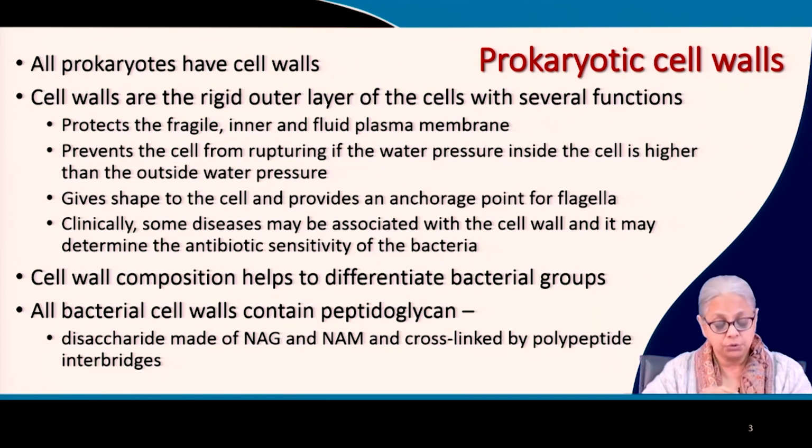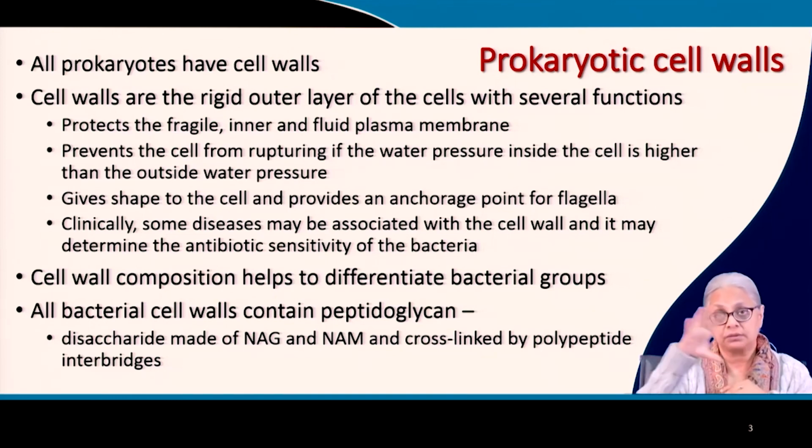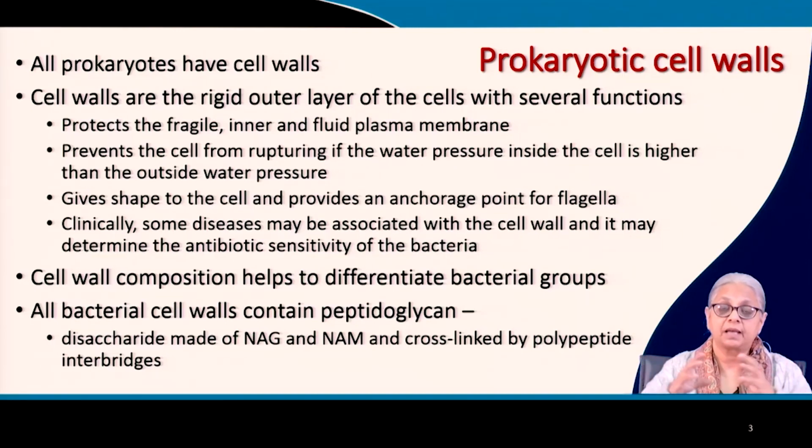So I would ask you to look into the textbook and look at the detailed diagrams of the peptidoglycan wall that is there in different bacterial species. Gram-negative and gram-positive bacteria have different levels of peptidoglycan in their cell wall, and the structure is different based on these polypeptide interbridges, but the building blocks are the same, NAG, NAM.